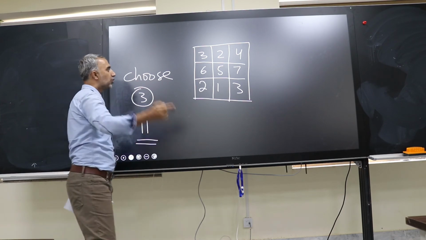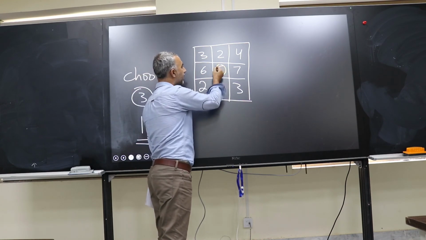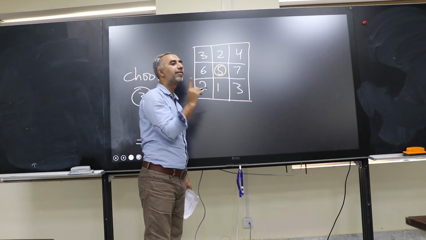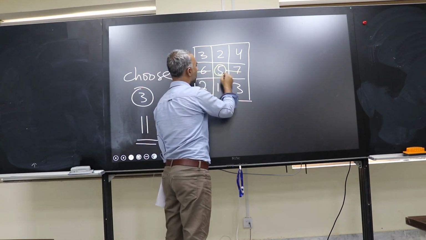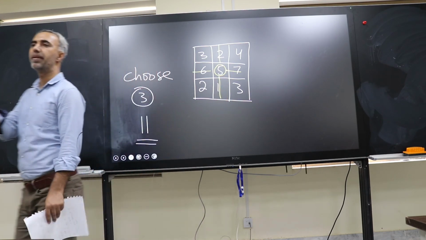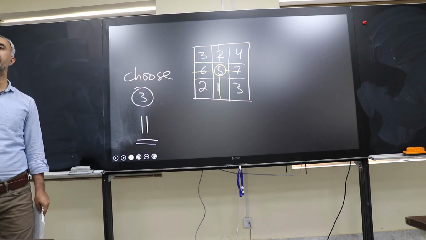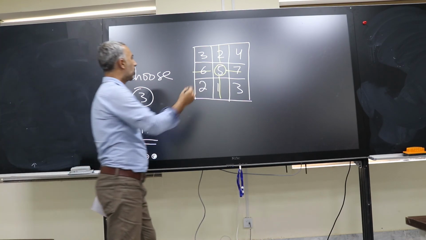Okay, for example, choose any number. 5. Okay, this row eliminated, this column eliminated. Next number. 3. Then 7, 7 eliminated.